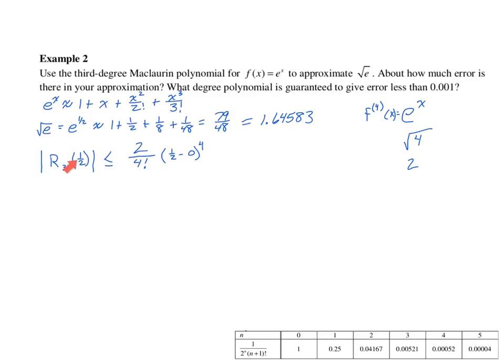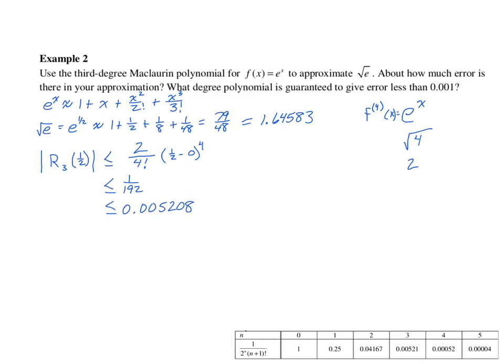So our remainder has to be less than or equal to 2 divided by 4 factorial times a half raised to the 4th power. Now, what this comes out to is 1 over 192, which is 0.005208.